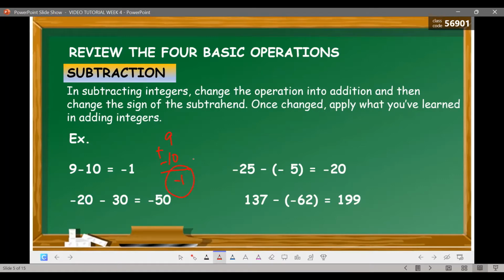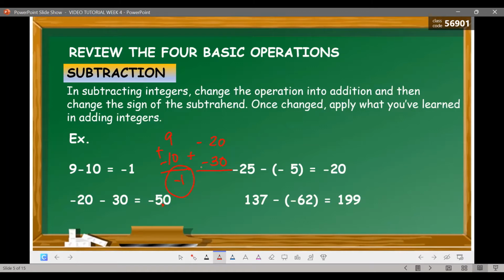Okay, did you get it? I hope so. So let's have another example, negative 20 minus 30. So we have negative 50. Let's change the operation to addition, and then change the sign of the subtrahend from positive to negative.